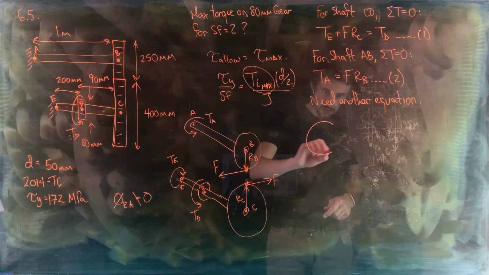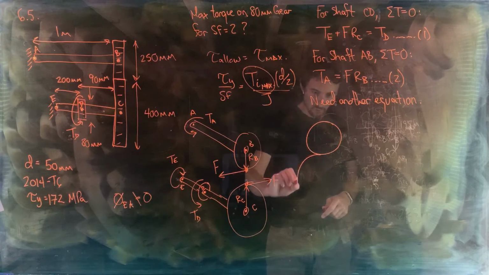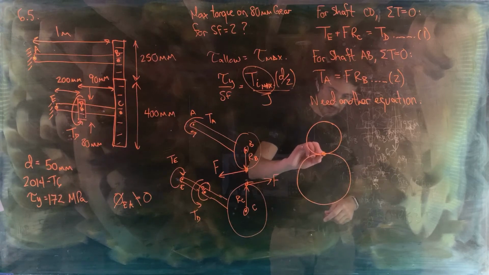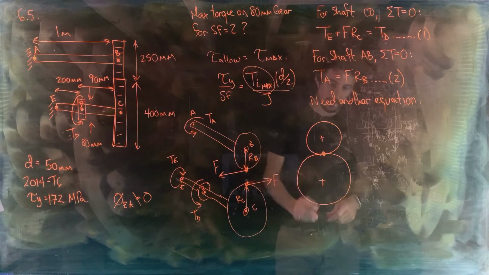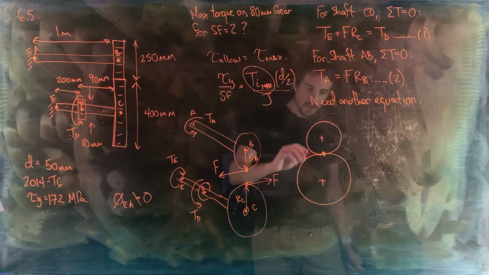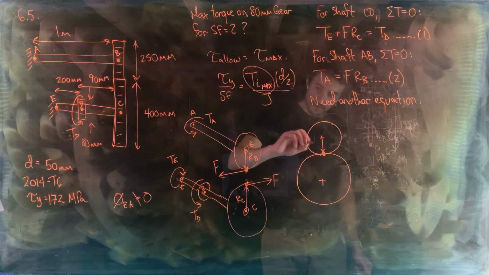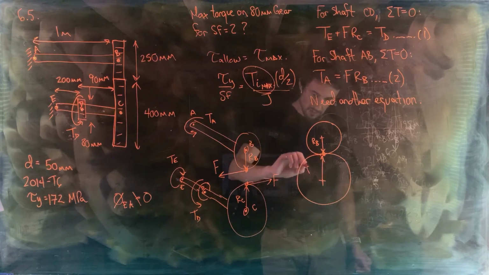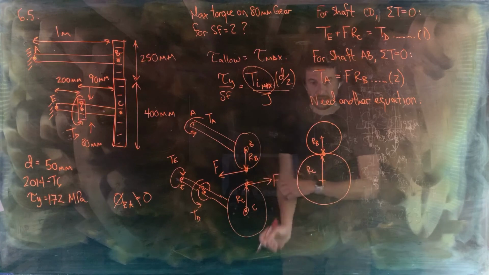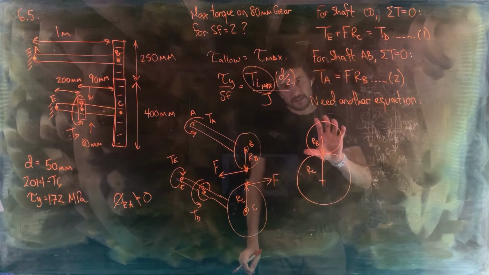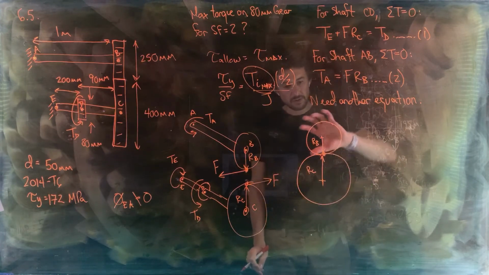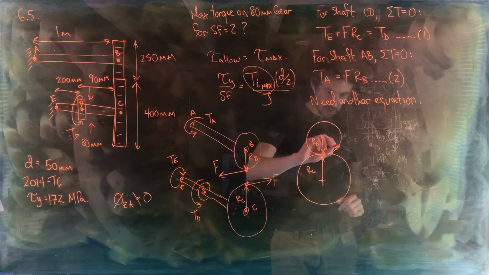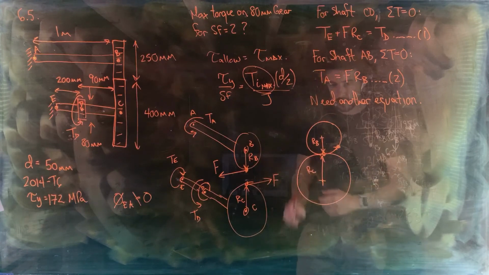And we can look at how that relation works by just looking at the ends of the gears here. So if that's the point of contact, and that's the center there, and this is the radius of gear B, and this is the radius of gear C. If gear B twists in the counterclockwise direction, let's say, and this point moves over to there, okay?